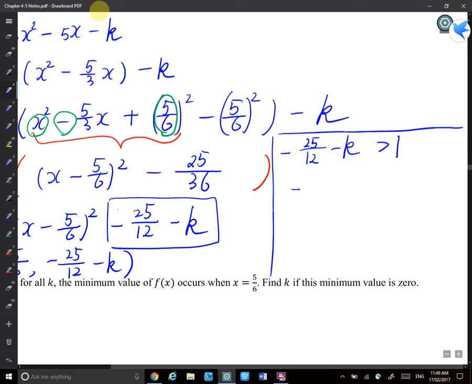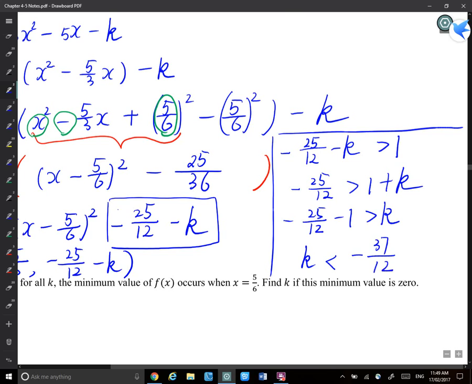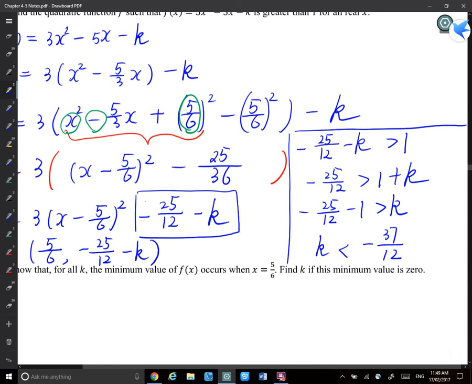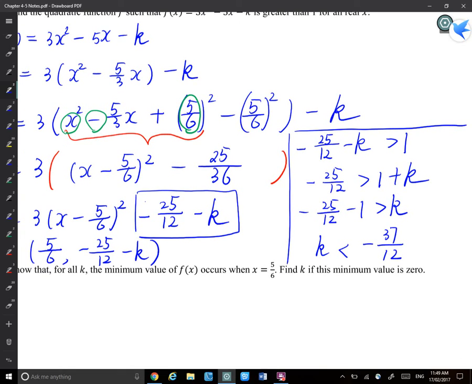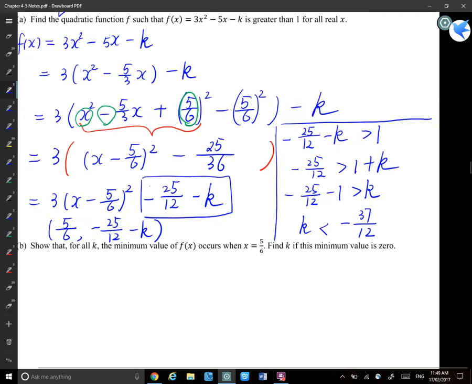Minus 25 over 12 is greater than 1 plus k. Minus 25 over 12 minus 1 will be this value. So k should be smaller than minus 37 over 12. Minus 25 over 12 minus 12 over 12 is minus 37 over 12.